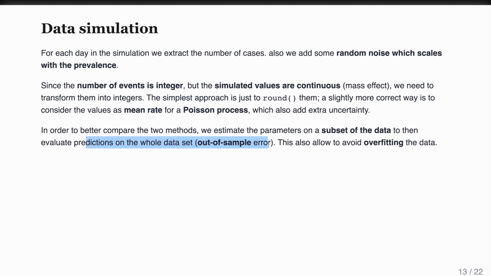This allows us to estimate the so-called out-of-sample error, and also allows us to avoid overfitting the data. Overfitting means that you estimate parameters that are extremely predictive for the current data that you're observing, but then once you get new data, they don't work anymore, because they are fitting not just the real signal, but also the noise behind the data.